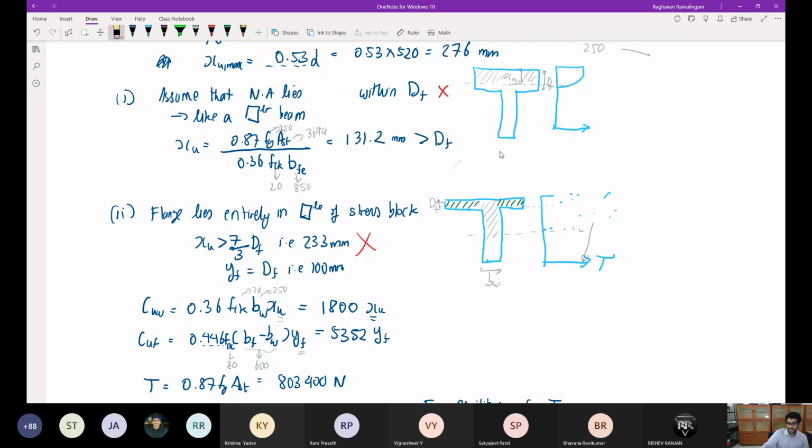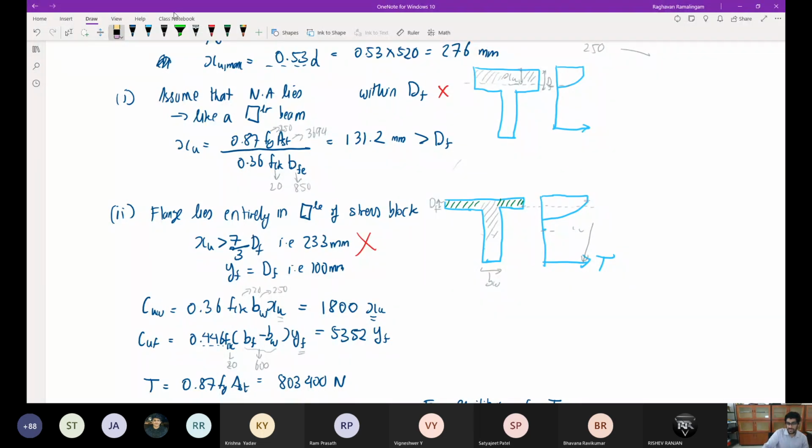Our stress block is a bit different, and the actual case is such that there may be something like this. Partly in the parabola; this is where the parabola starts. And the neutral axis will be somewhere else.